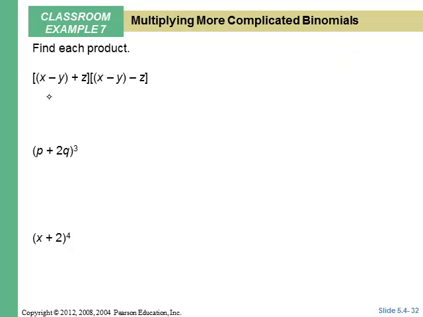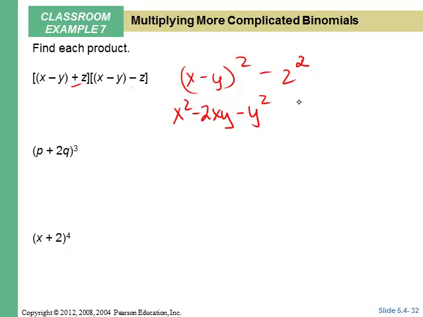Now, if they're a little bit more complicated, notice this is a sum and difference, so it's this squared, x minus y squared minus z squared. But x minus y squared is x squared minus 2xy plus y squared, and then minus z squared. So that's why it's a little bit more complicated.